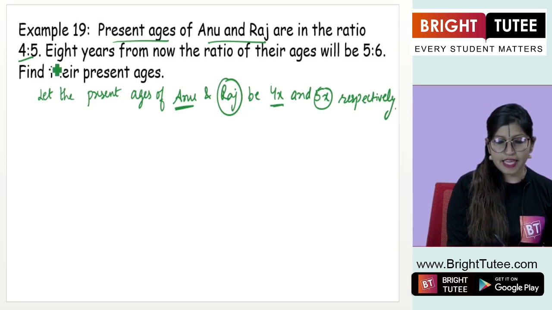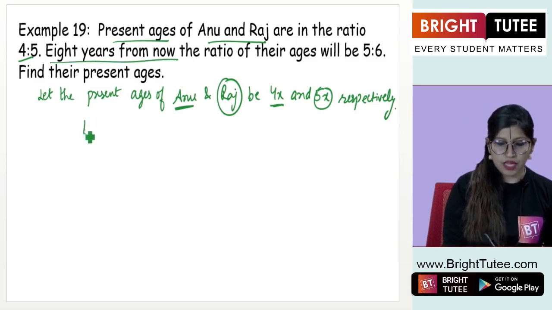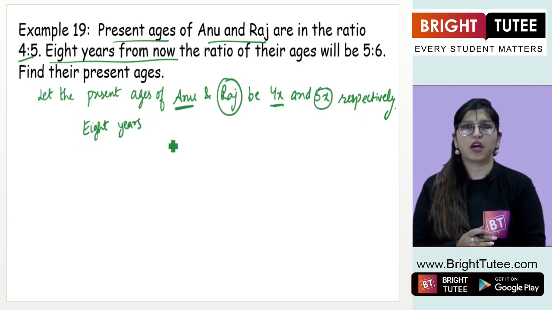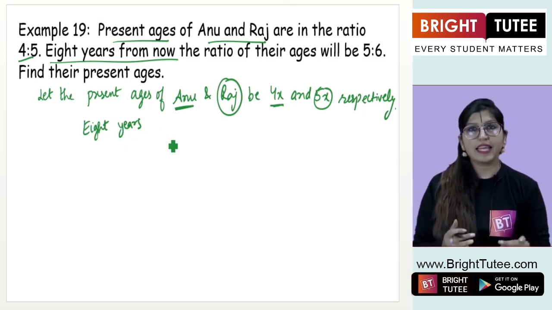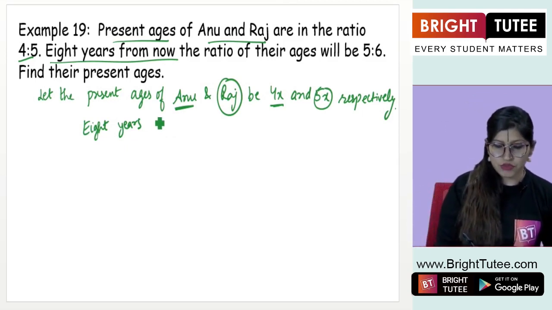Now it says 8 years from now, that means after 8 years. If you are 10 years old, then after 8 years you will be 18. So we'll be adding 8 to the ages which we have.